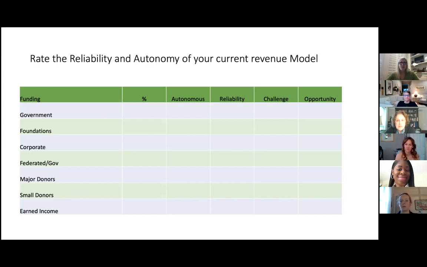So that's an example of a challenge. An opportunity could be, it's increasing, and there's a focus at the federal level on that particular mission aspect that you do, and there's more opportunity to perhaps get larger grants, or even diversify into different government entities.